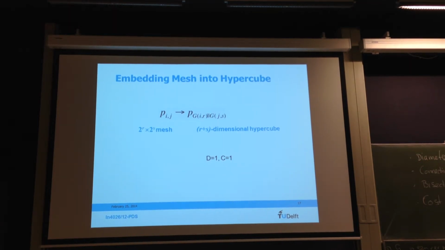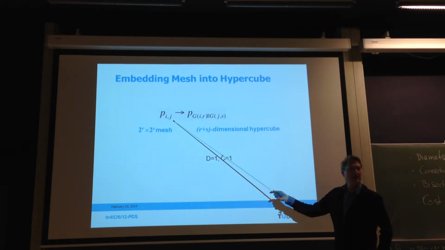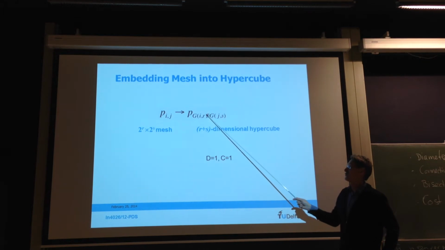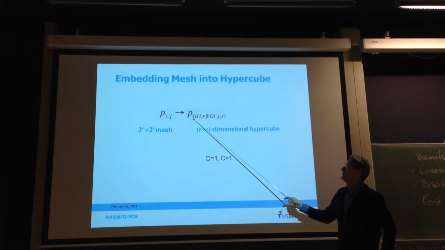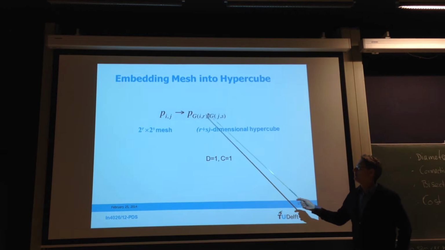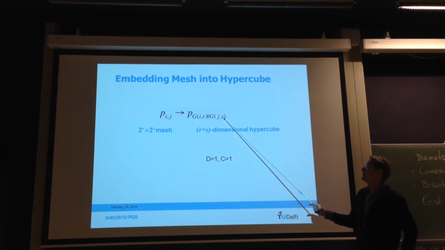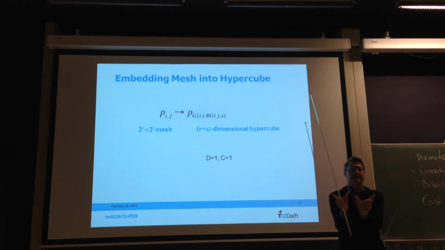Well, the prescription is very simple, because then I have a tuple, ij, in the mesh, and I just can map it to the hypercube by making the individual Gray code functions for i and j, this one on the dimension r and this one on the dimensionality s, and just concatenate the 2 bit patterns.